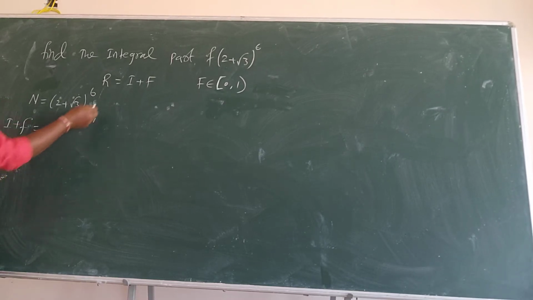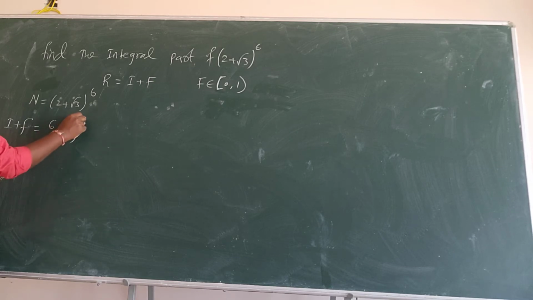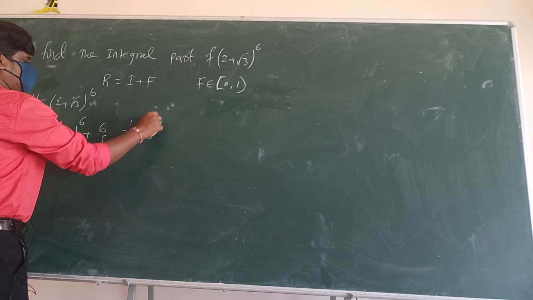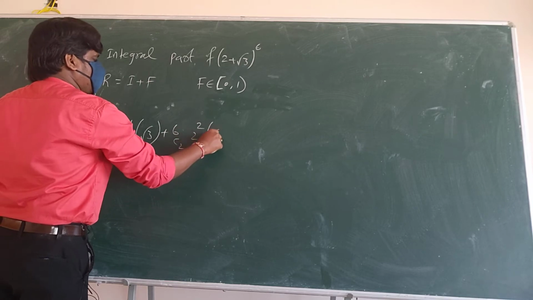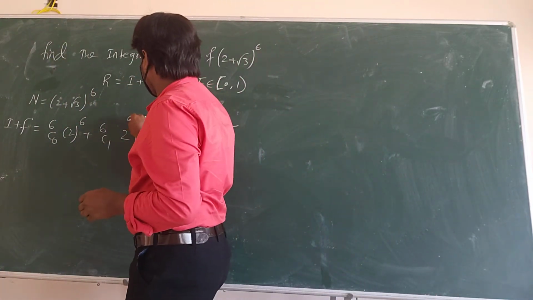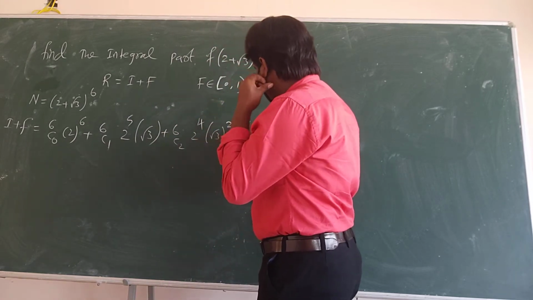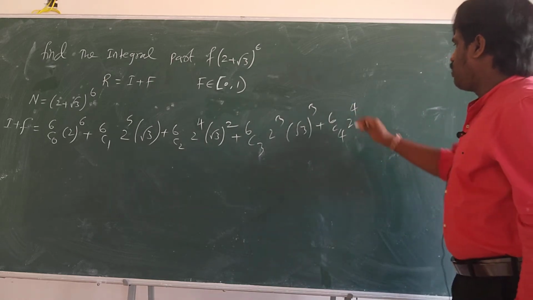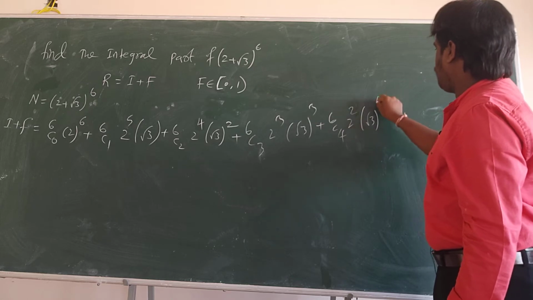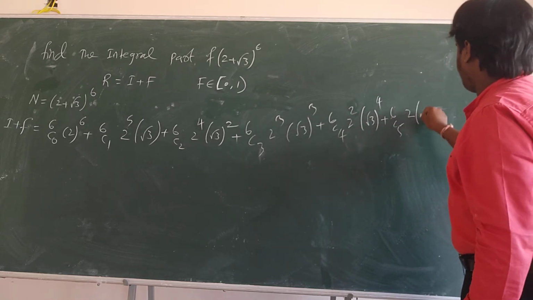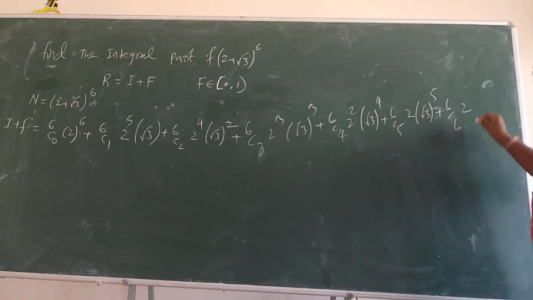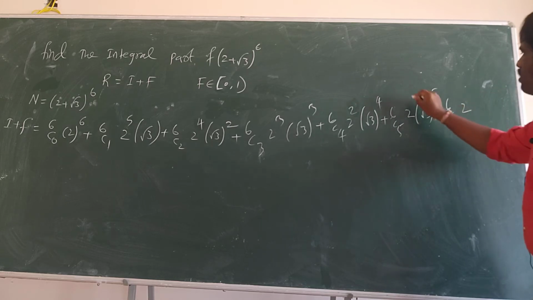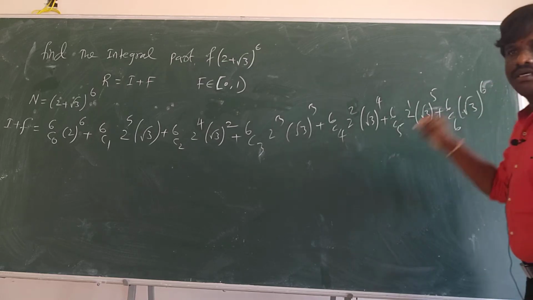The expansion will be 6C0 2^6, plus 6C1 2^5 root 3, plus 6C2 2^4 root 3 squared, plus 6C3 2^3 root 3 cube, plus 6C4 2^2 root 3 power 4, plus 6C5 2^1 root 3 power 5, plus 6C6 2^0 root 3 power 6.